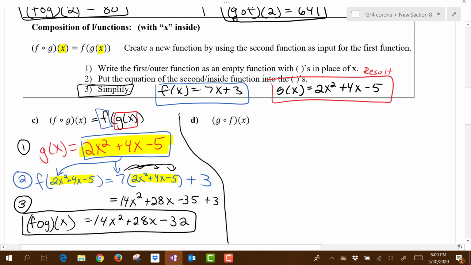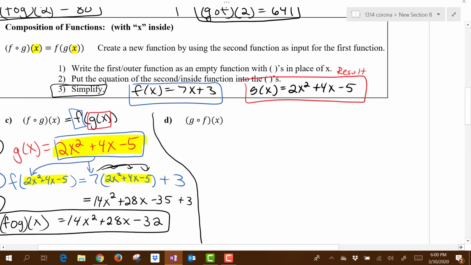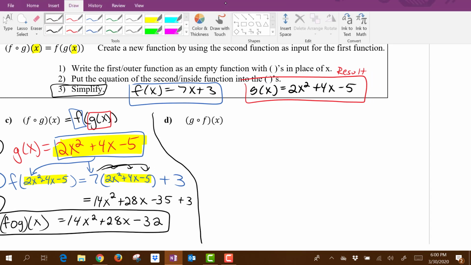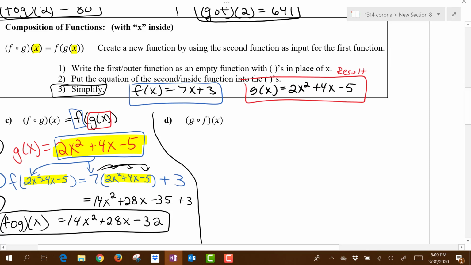Okay, the next one is a little more interesting because of the simplification phase. But let's see what happens. This time we're asked to do g composed with f of x, which means we're going to start out with g, that first function, we're going to write that with the parentheses, and then we're going to put f inside of it, and then x goes inside of f.